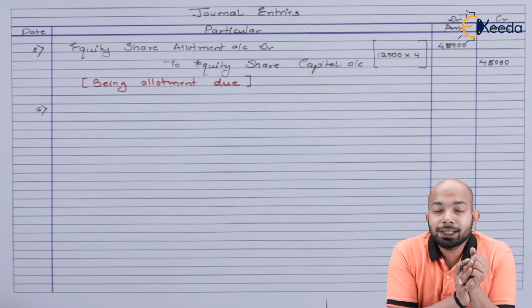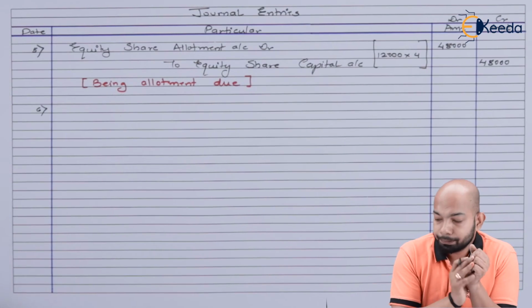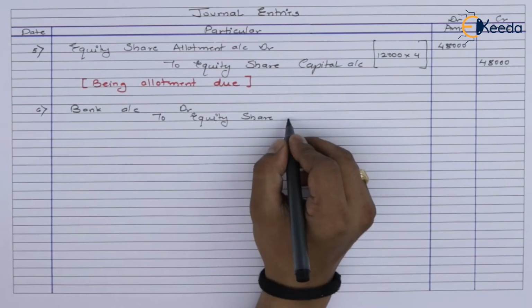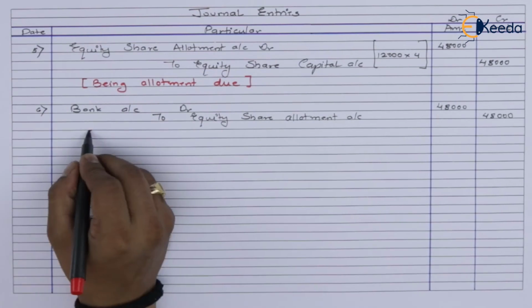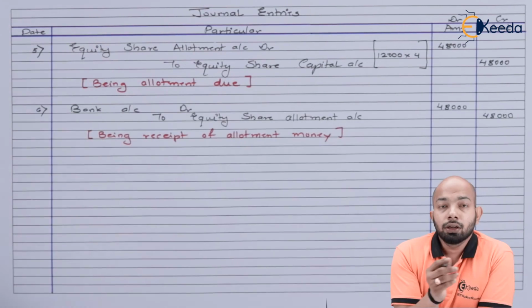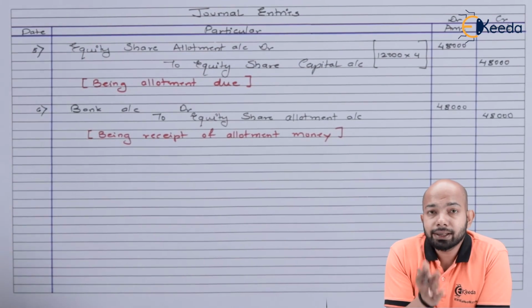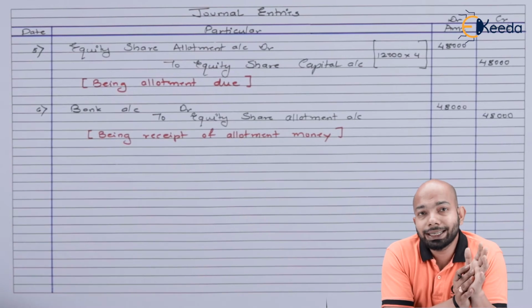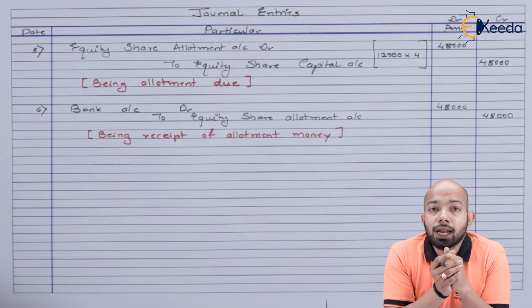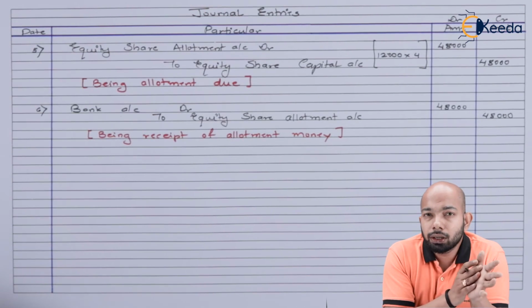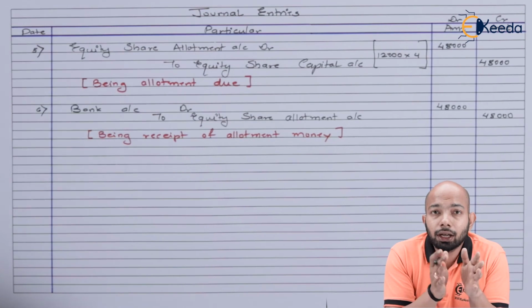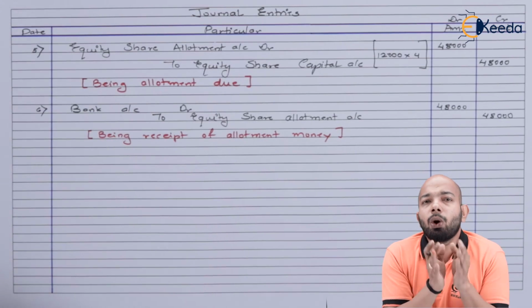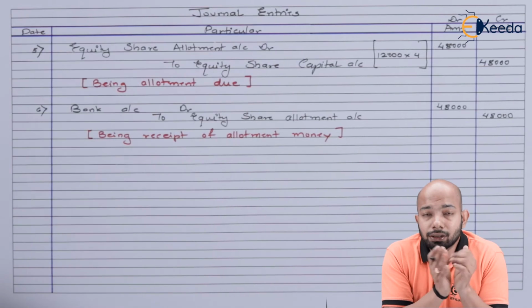Now, the next entry will be receipt of such allotment money. So the next entry that we have passed here is receipt of allotment money. That means bank account debit to equity share allotment account credit side. Total amount of 48,000 has been mentioned. As there are no calls in arrears, no calls in advance, no pro rata, no over subscription, no under subscription, hence no cases of any other complex entry being a part of this illustration.